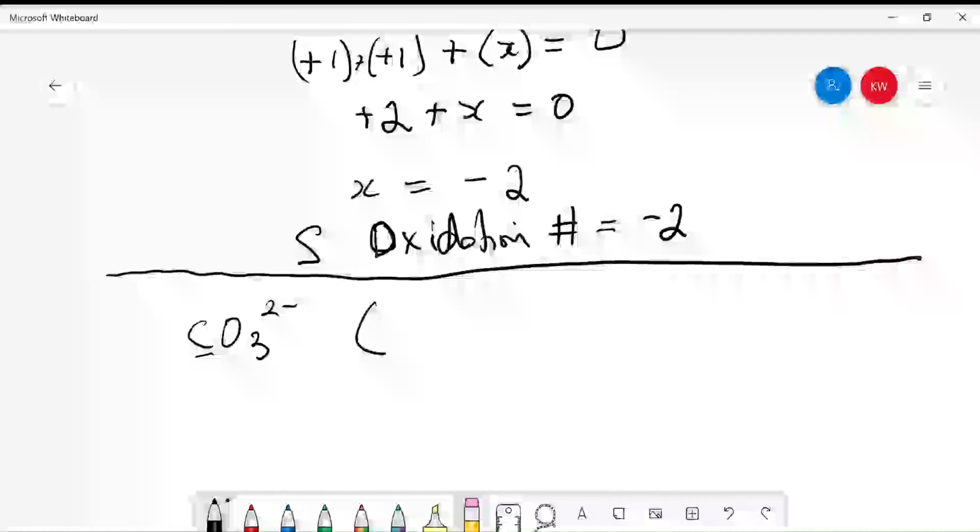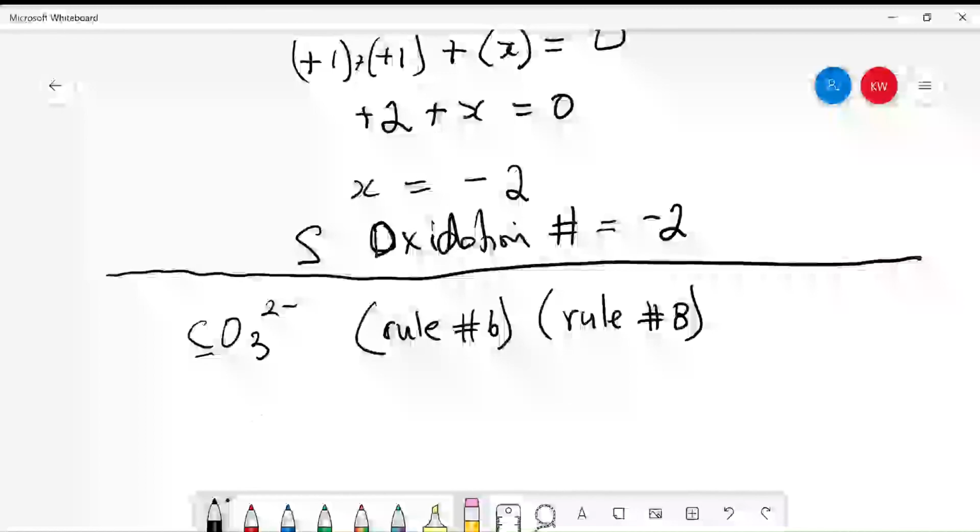Here it's not, so oxygen is -2. So we're going to use rule 6, and we're also going to use rule number 8. The sum of the oxidation numbers in a polyatomic ion is equal to the net charge. So from this, we're trying to find carbon.